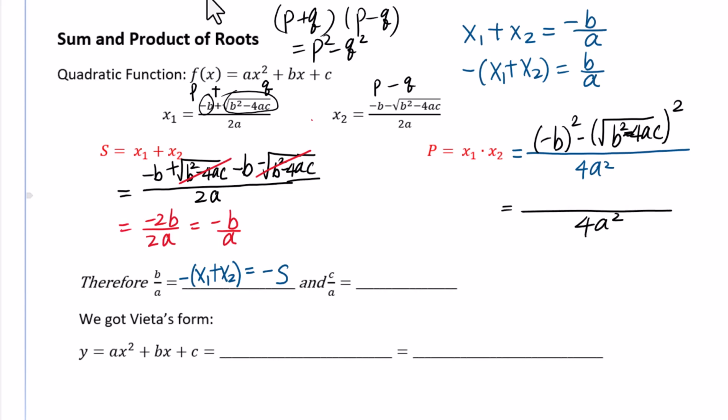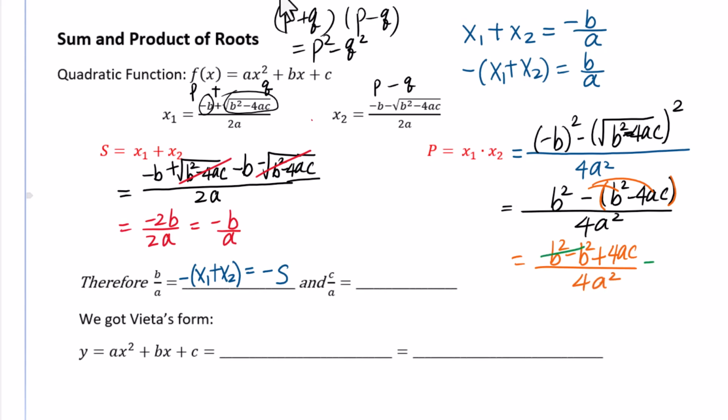4a squared, b squared minus b squared minus 4ac. Do not forget this parentheses. Then distributive property, equals b squared minus b squared plus 4ac over 4a squared.